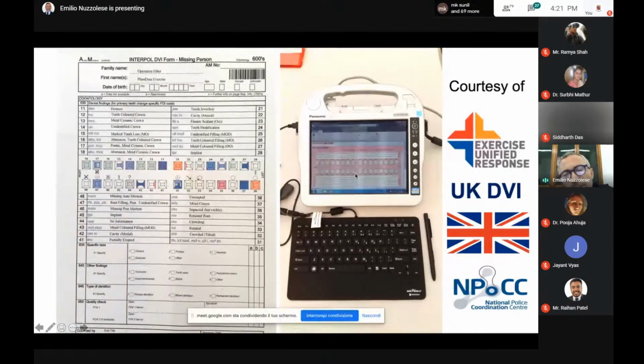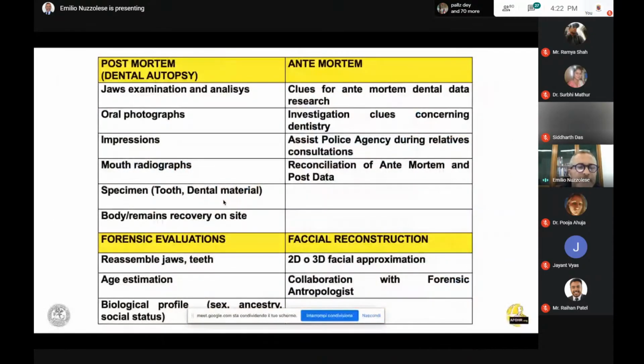On the software side, we have Plass Data, which replicates the Interpol forms and also allows us to transmit and store this information in a database, in a network.